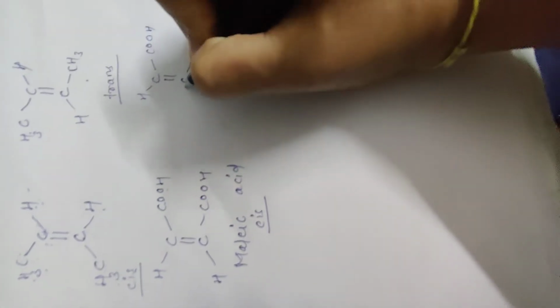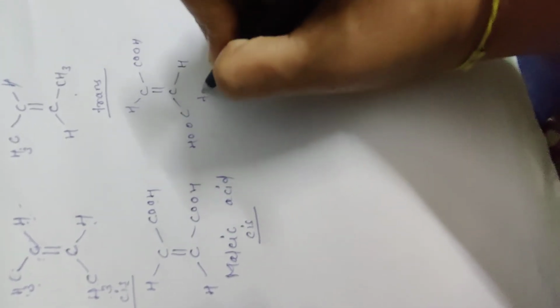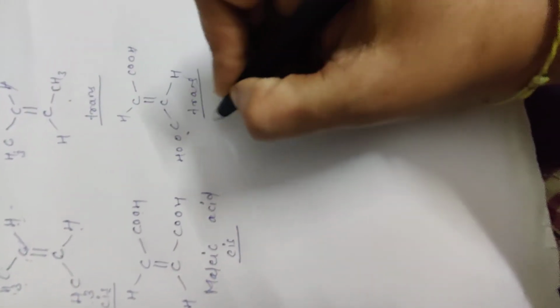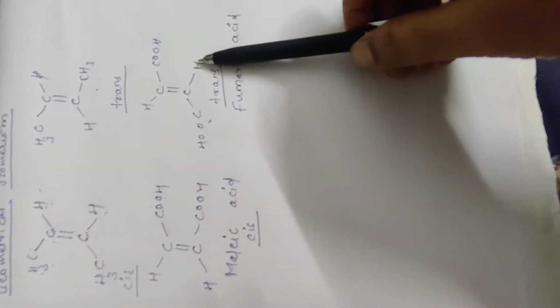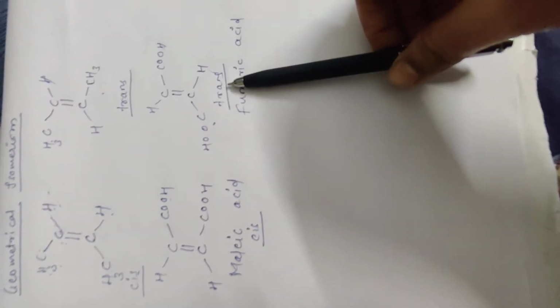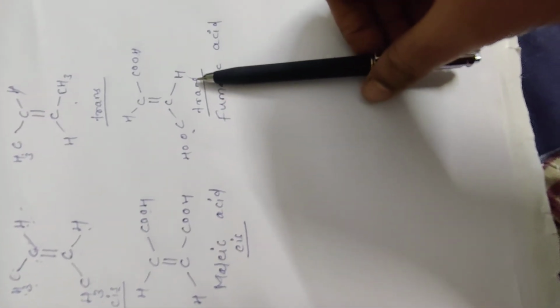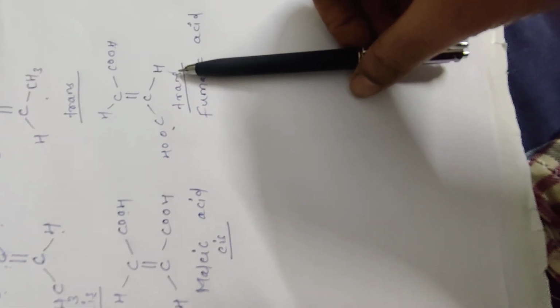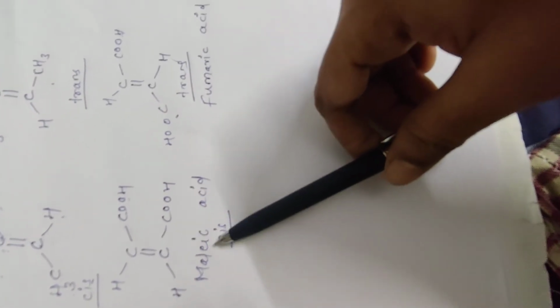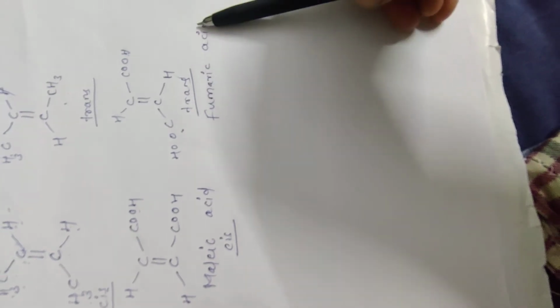So this is the trans isomer, because the similar groups are on the opposite sides of the double bond, and the trans isomer of maleic acid is called fumaric acid. So these two structures indicate cis and trans isomers having molecular formula C4H4O4. Cis isomer is maleic acid and trans isomer is fumaric acid.